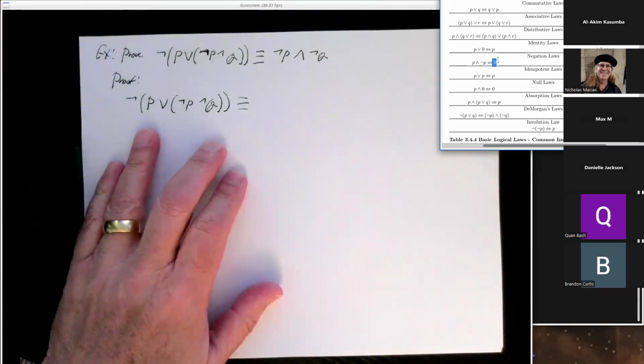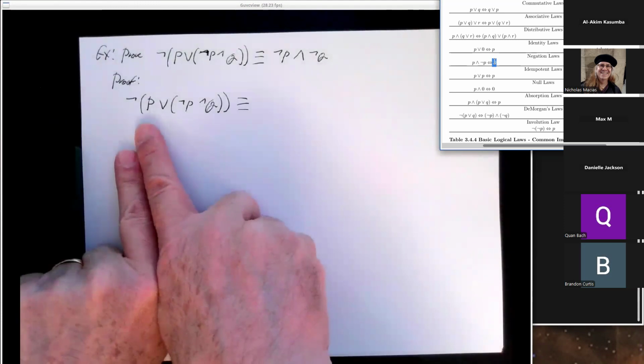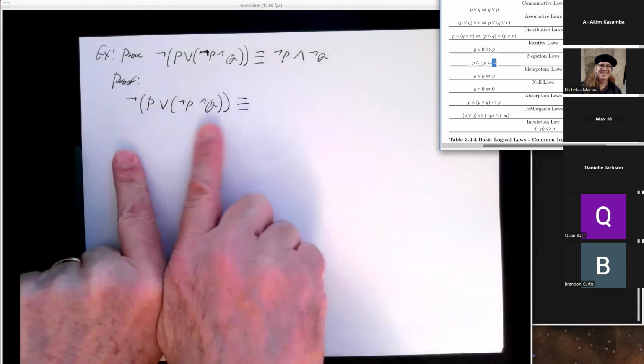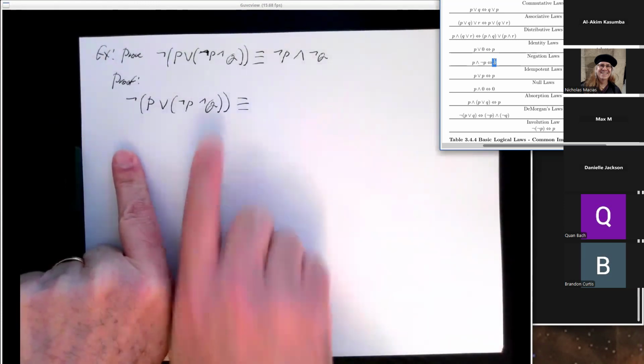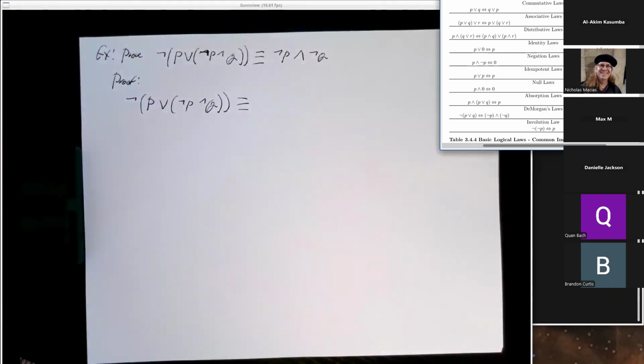So keeping that in mind, this expression here on the left, not (P or (not P and Q)), can I write that as equivalent to something else using one of these laws of logic?